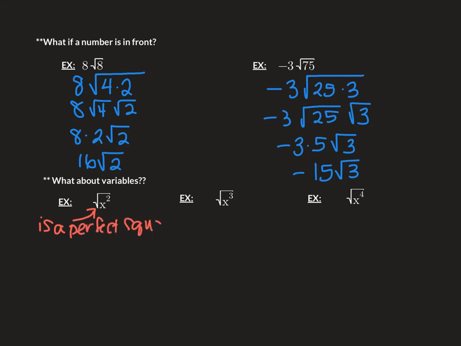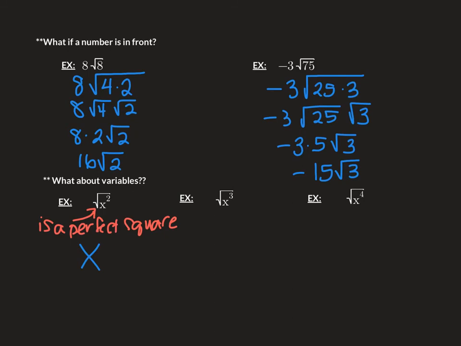Okay, so since it's a perfect square, I know that the square root of x squared is just x. Okay, so how does that help me? If I have the square root of x cubed, I'm going to rewrite it.